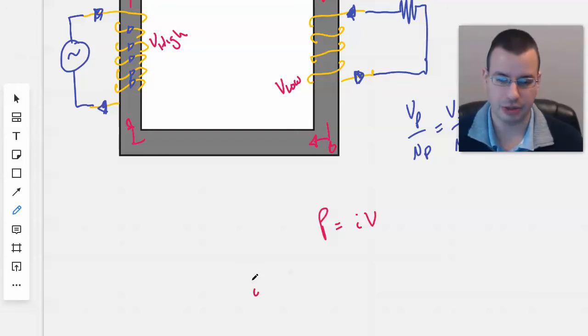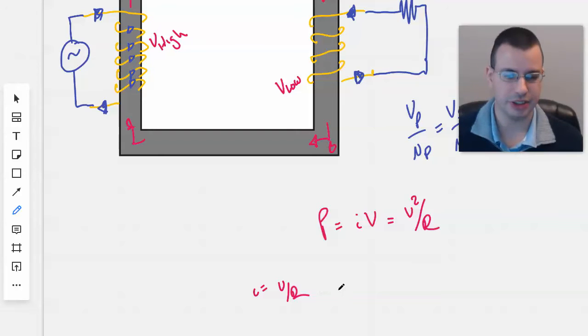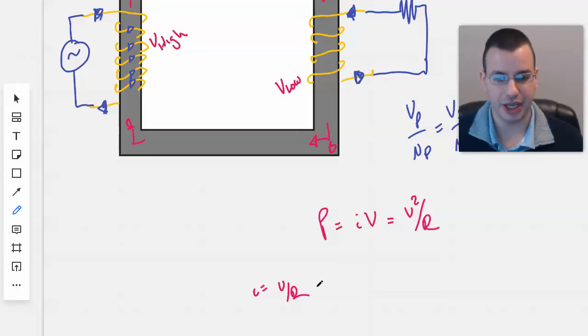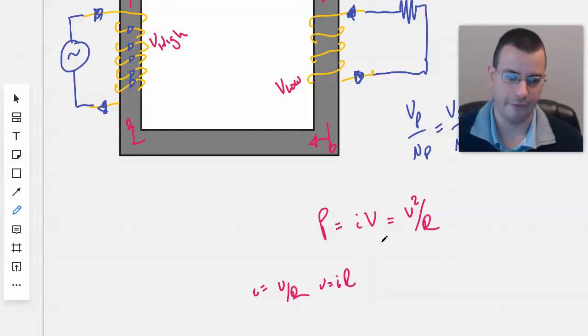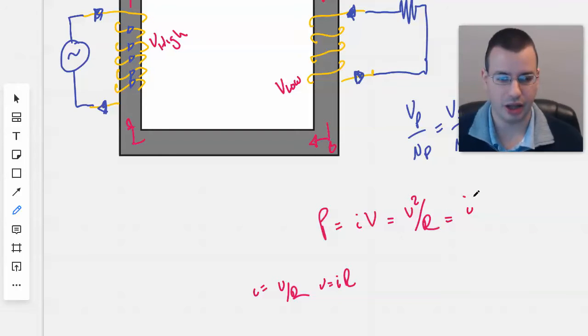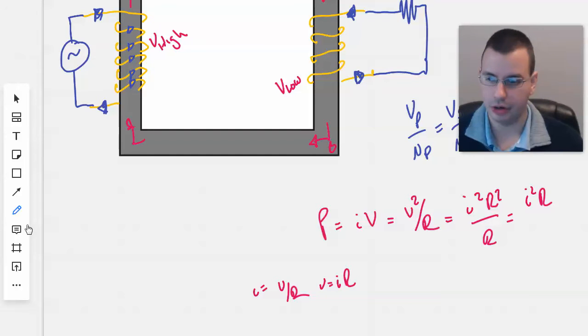But we also have Ohm's law, I equals V over R. So then this would also be V squared over R. Let's see, what else can we do? We could also say that V equals IR, just a rearranging of Ohm's law here. And so therefore we'd have I squared R squared over R, which equals I squared R.